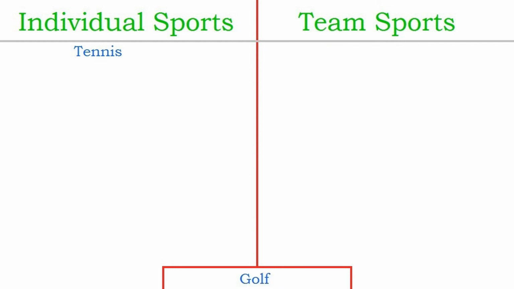Example number two, golf. Golf is also an individual sport. Basketball. What is the number of players in basketball? 5 players. 5, that's not an individual, that's a team. So basketball is a team sport.